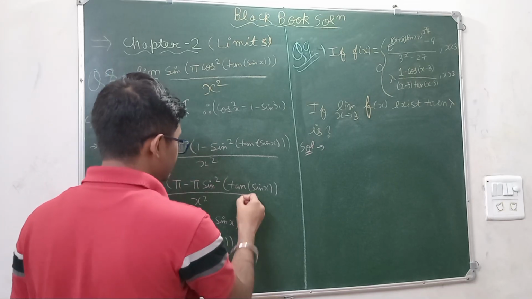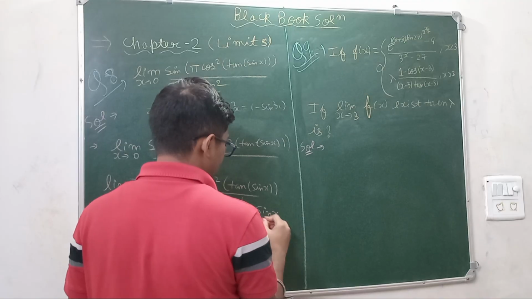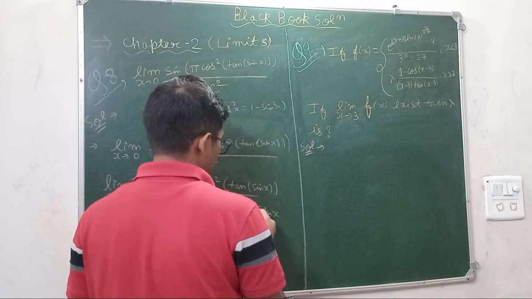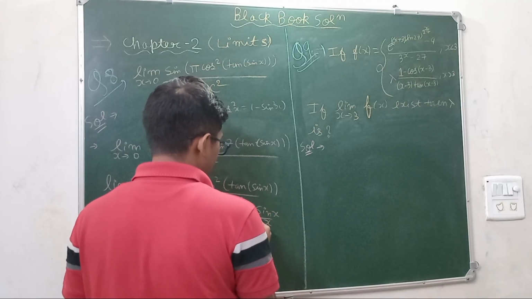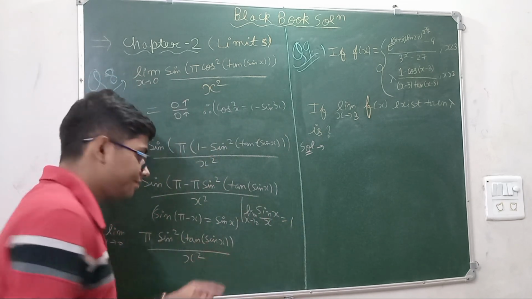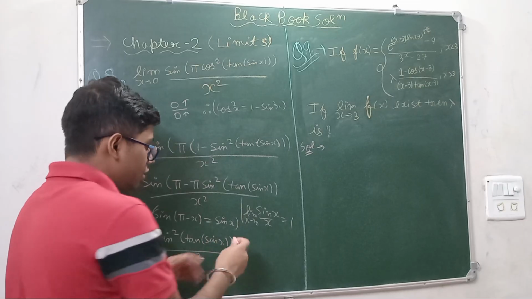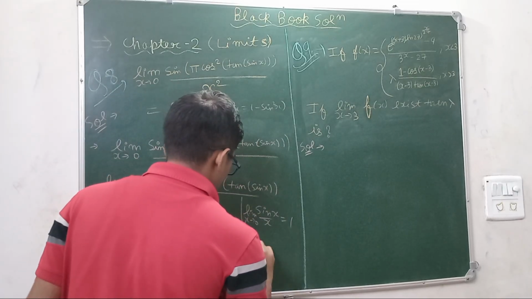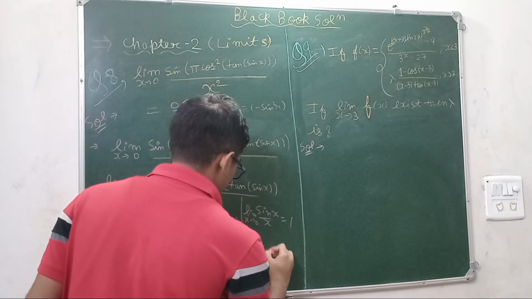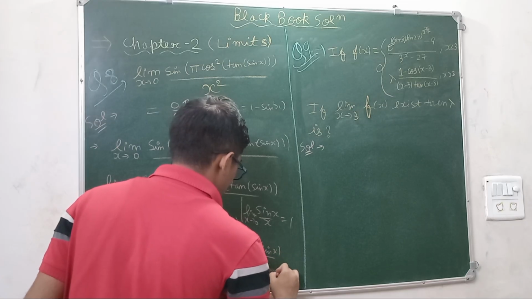Now we will be using the standard limit result: sin x by x, when limit x tends to 0, is 1. So we will be multiplying and dividing by tan(sin x), tan(sin x) upon tan(sin x).